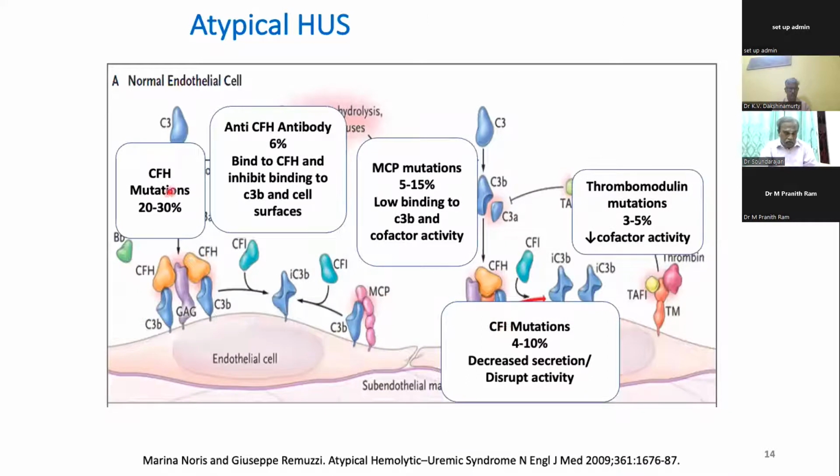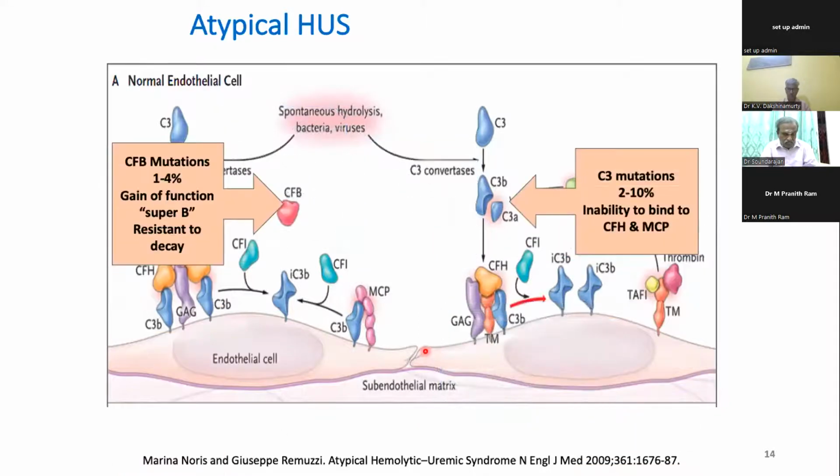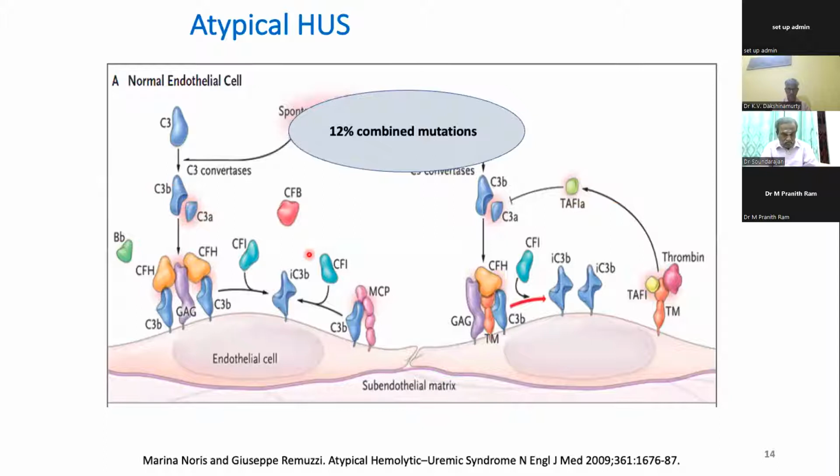The most common mutations are related to CFH, followed by MCP and CFI. As compared to the regulator protein mutations, the gain of function mutations are relatively less. Roughly in 12% of patients, we have combined mutations.